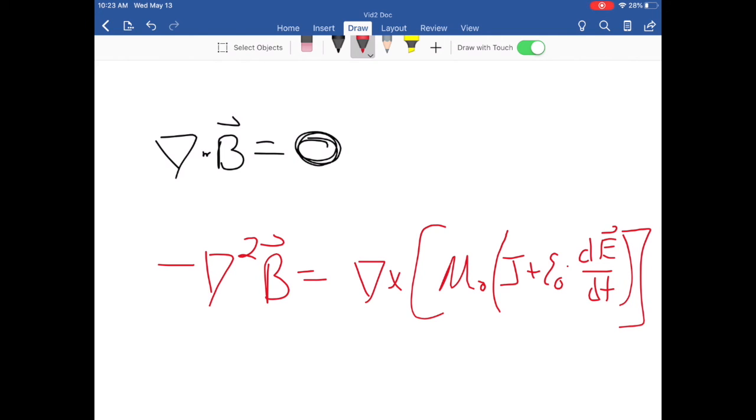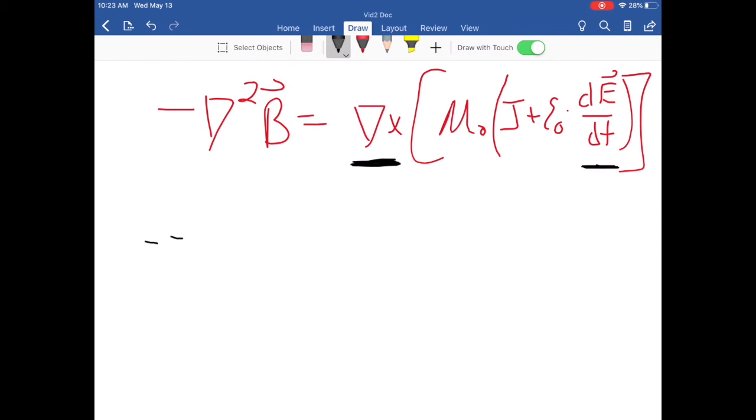Okay, so now that we're here, we can then make another rearrangement similar to what we had done before, but only on the right hand side this time. We're going to take this del operator and switch it with the derivative with respect to time. And that will look like so.